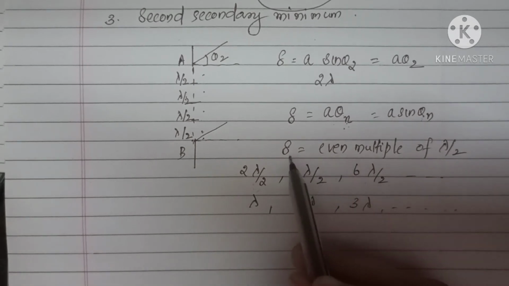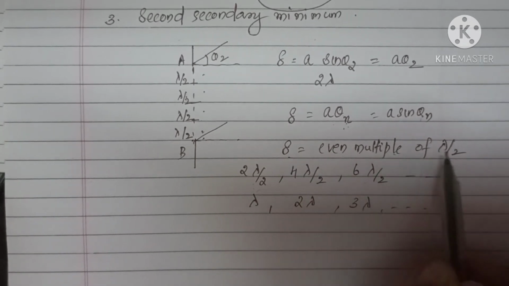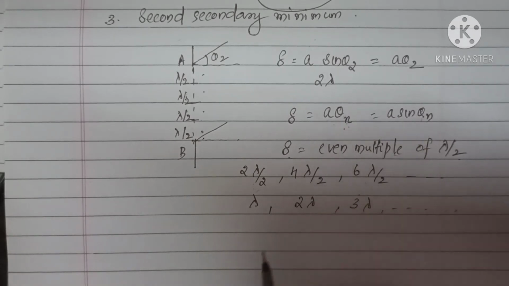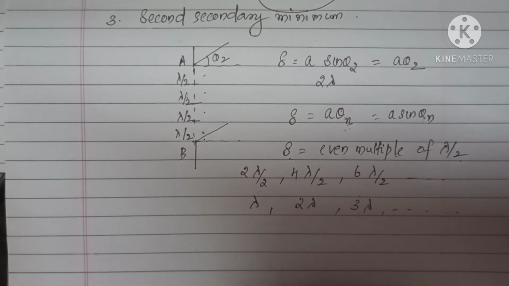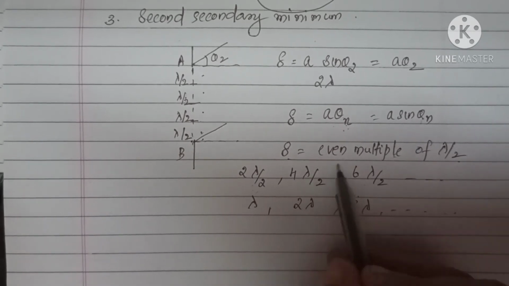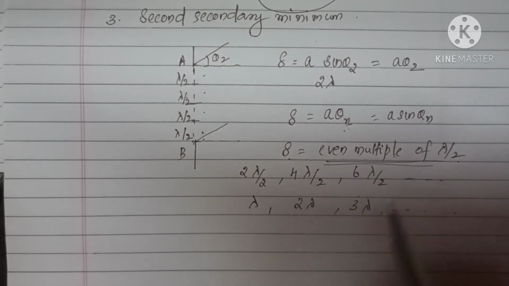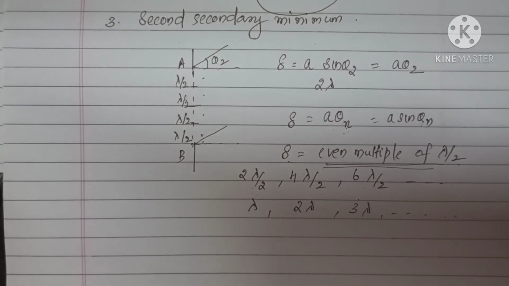So the path difference must be an even multiple of lambda by 2 so that we get a minimum. First secondary minimum, second secondary minimum, third secondary minimum, like that you can find up to the nth minimum. And this is the condition: even multiple of lambda by 2.